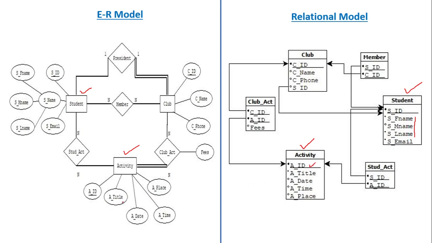Then a title, a date, a time, a place. These are the various attributes, so we'll have all those attributes for the relation activity: a title, a date, a time and a place. So we are done with this entity set activity. Now let us see the third entity set, that is club.